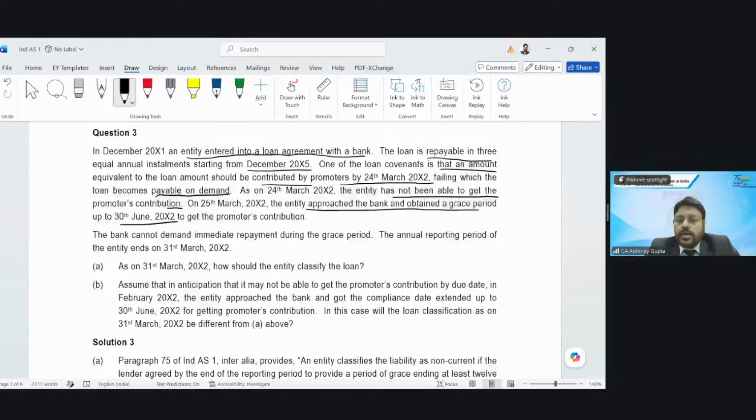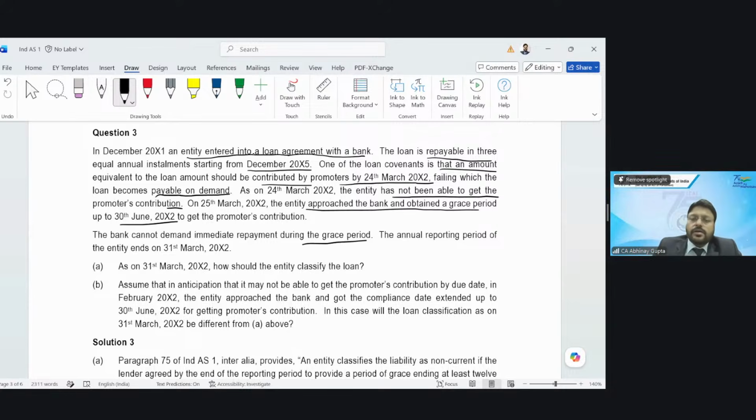So the bank said, okay, let's bring that contribution until 30th June 2002, right? The bank cannot demand immediate repayment during the grace period. So until 30th June is over, the bank has given up its loan demand rights, right?